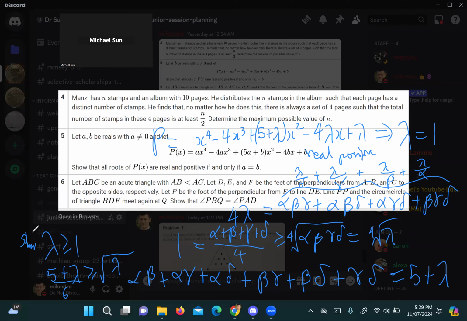Like 5.5/6 is greater than 1 on root 2. Is it? Let me double check. Yeah, 5.5/6 is close to 1, right? Yeah. And 1 on root 2 is not that close to 1.